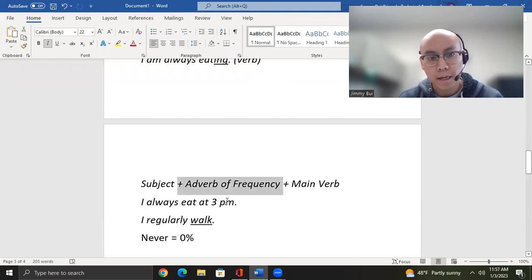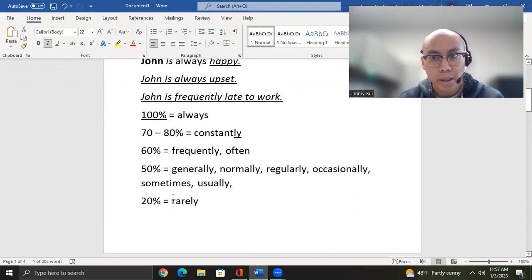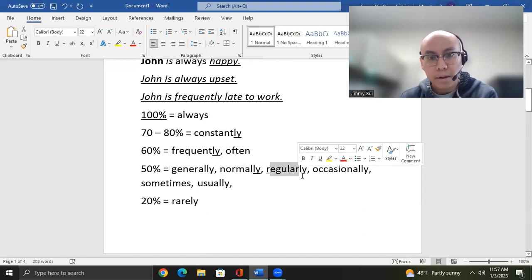And so we're using indefinite words: always, regularly, constantly, frequently, normally, rarely. I just want to point out these are regular adjectives, words like constant, frequent, general, normal, regular.